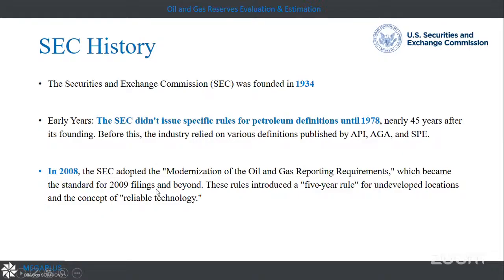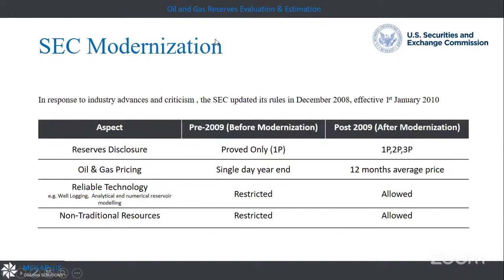The modernization of the SEC was approved in 2009, effective from the 1st of 2010. For the disclosure of the reserves, there are a lot of aspects. First, the disclosure: pre-2009 they dealt with 1P, and after 2009 they deal with 1P, 2P, and 3P.